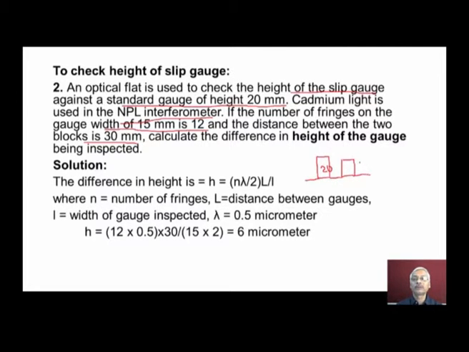So this height we have to check. The width of this gauge is 15 millimeters, and the distance between the two blocks is 30 millimeter. That means this distance is 30 millimeter.